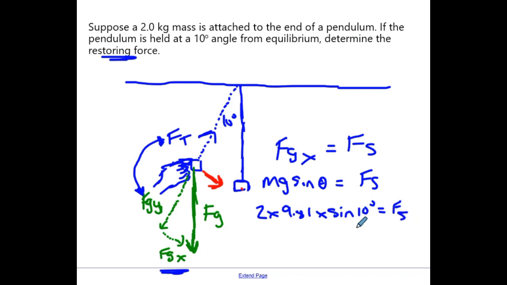This is not meant to be an overly taxing example yet. We just need to plug numbers into our formula. So 2 times 9.81 times the sine of 10 degrees gives me a restoring force of 3.4 newtons.